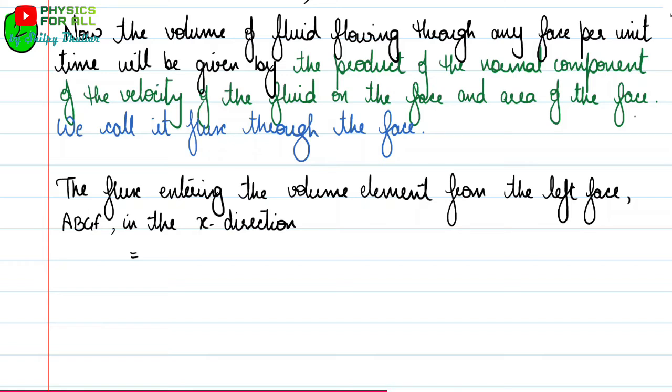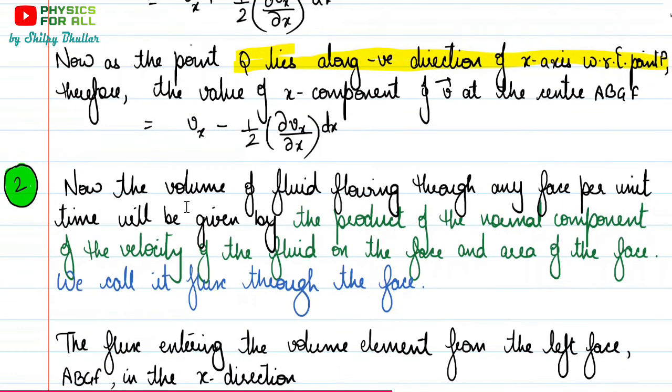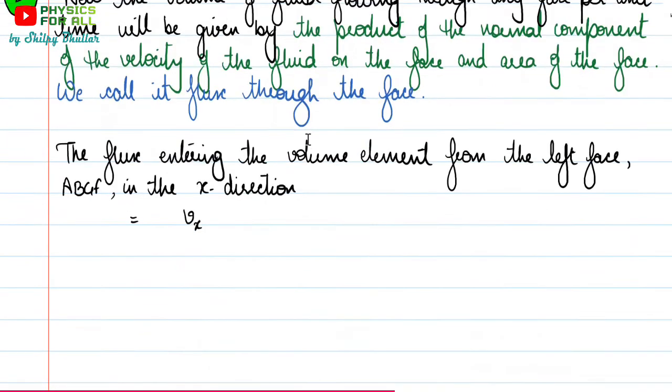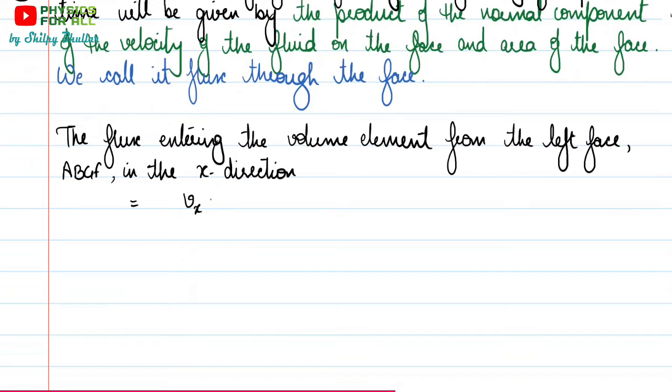We know the area of the face and we also know the normal component of velocity, which is Vx. Here I am going to write Vx for point Q, which is at the center of ABGF. So this is the value of the x component. We already have one component with us.